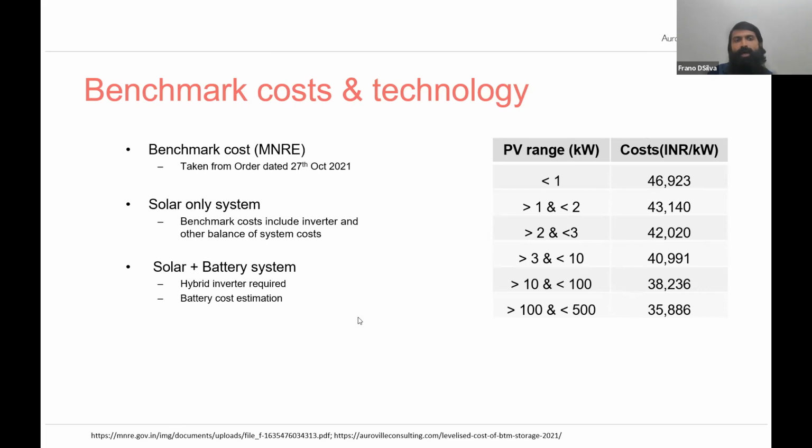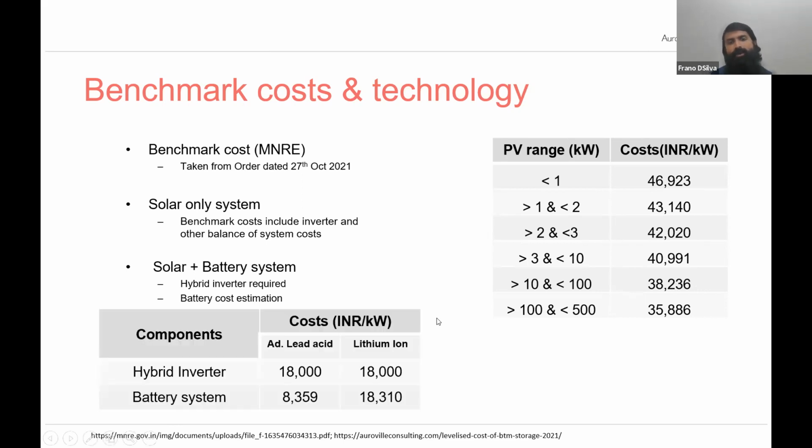Further, for a solar plus battery system, the battery costs and the inverter costs have been taken from research. Here, the battery costs have been bifurcated for the technology that has been offered in the web tool, that is for advanced lead acid and for lithium ion battery capacity.